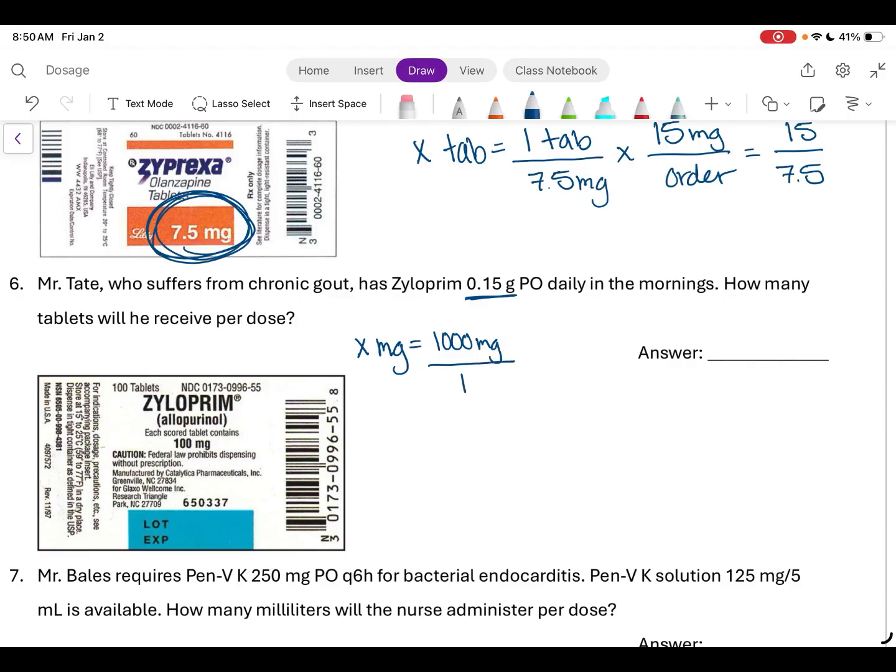I know that there's 1,000 milligrams in 1 gram. Take my order: 1,000 times 0.15 is 150 milligrams. I'm just going to write it up here, 150 milligrams.